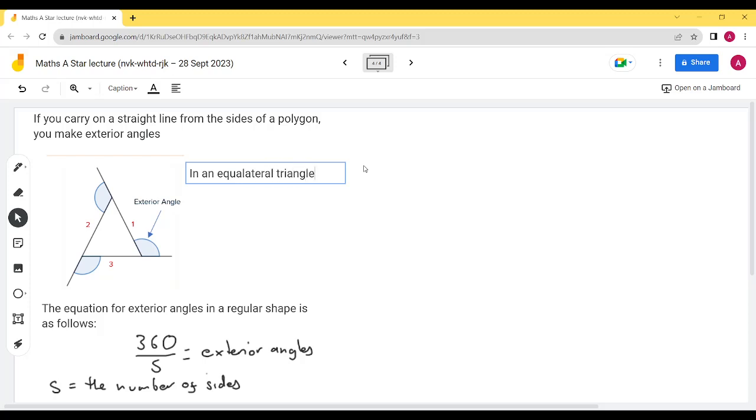So for the triangle, exterior angles equal just 360 over 3, and so equal 120 degrees. So there's exactly nothing more to it than that, but it's an equation you need to be aware of.